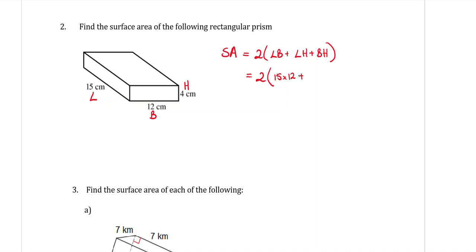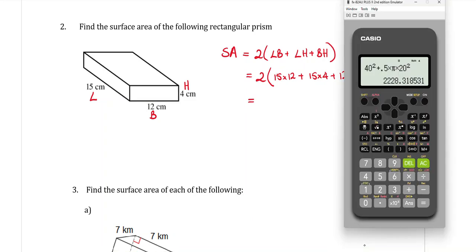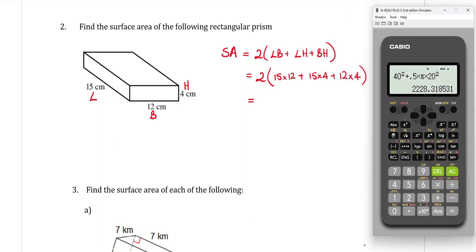So it's going to be 15 times 4 plus, now I want B times H. What's B? 12, and what's H? 4. So it's 12 times 4. Close the bracket and type it into your calculator. You've got to be very careful not to mix up your times and addition signs in there because that will give you the wrong answer straight away.